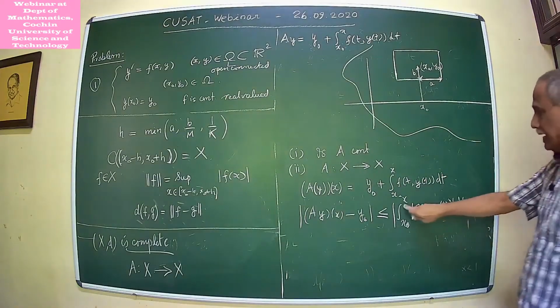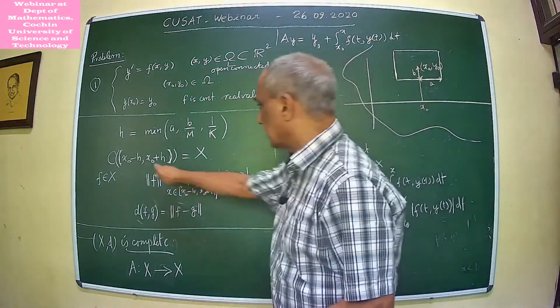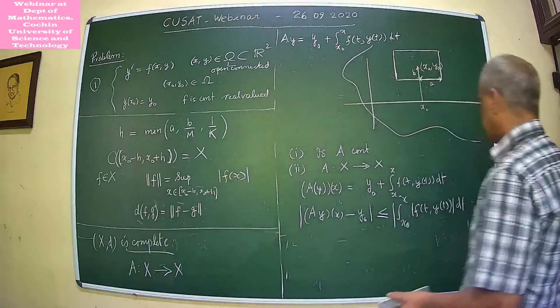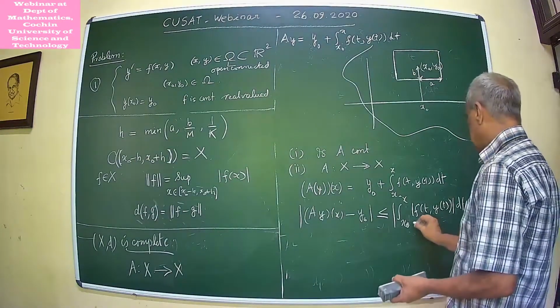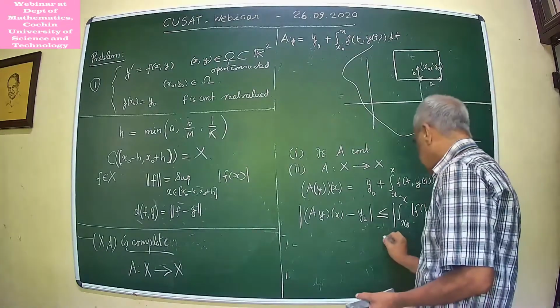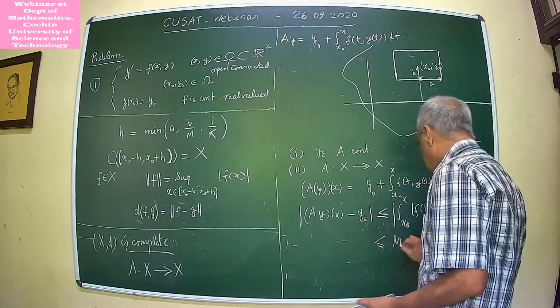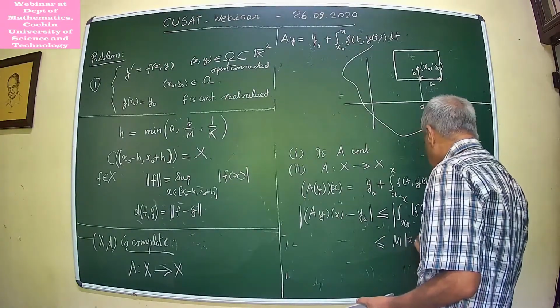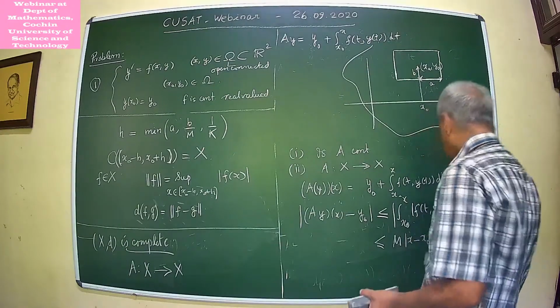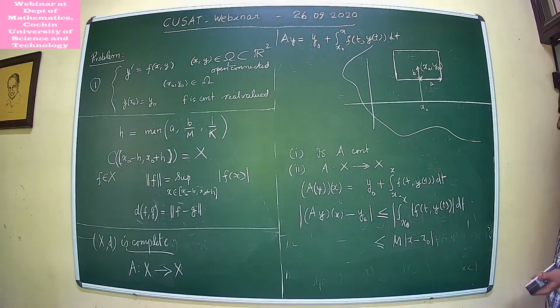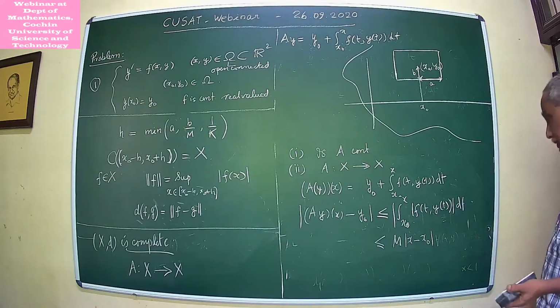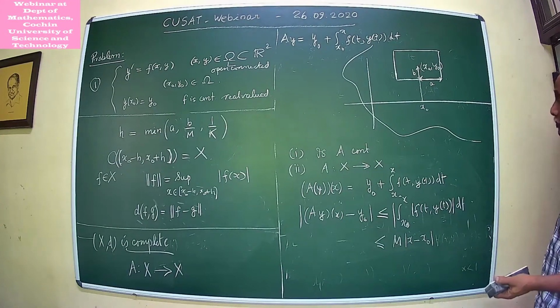Now I am keeping x within this part, x naught minus h to x naught plus h. Therefore, you can see that this is bounded by this. Therefore, this is less than or equal to M into mod x minus x naught.